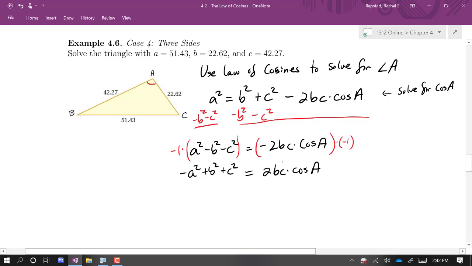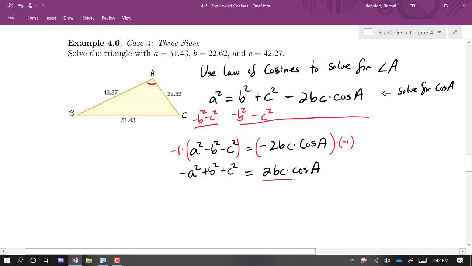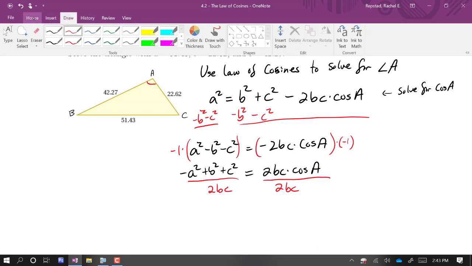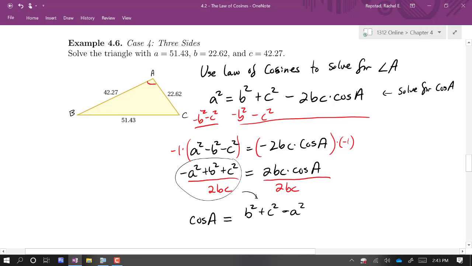And now I'm going to isolate the cosine of A, so I'm going to divide both sides by 2bc. So that tells us that cosine of A equals, and for the numerator of this fraction, I'm going to write b squared plus c squared minus a squared, just because I like to lead with a positive, but you could still write it as negative a squared plus b squared plus c squared if you like.